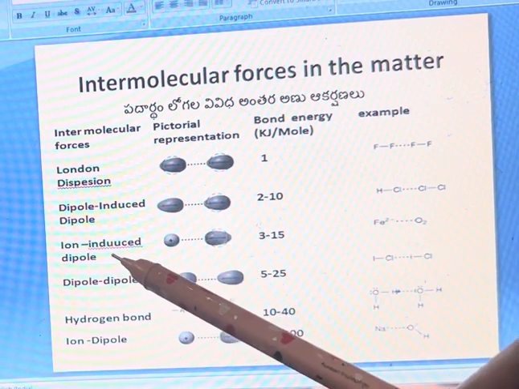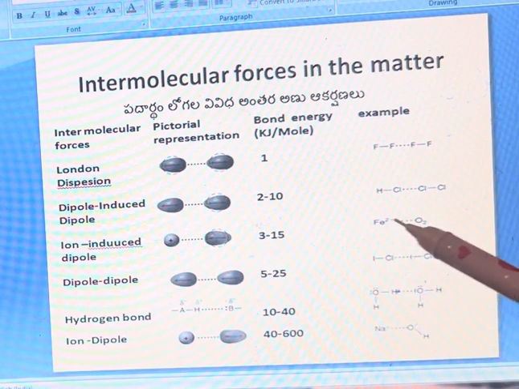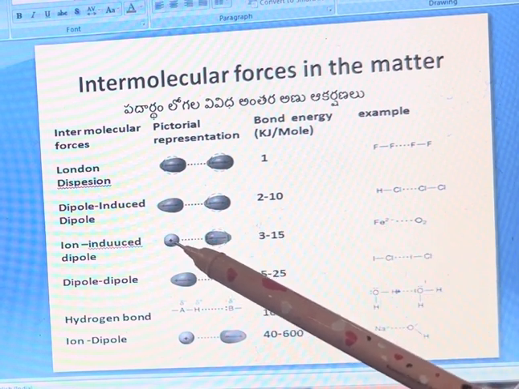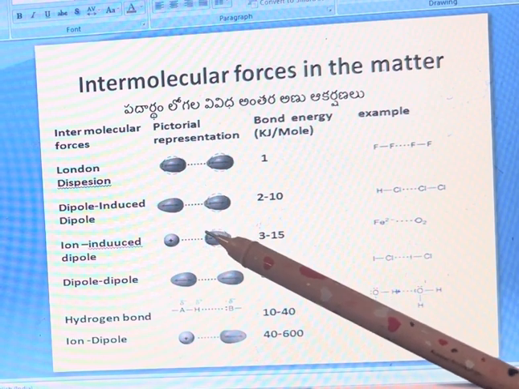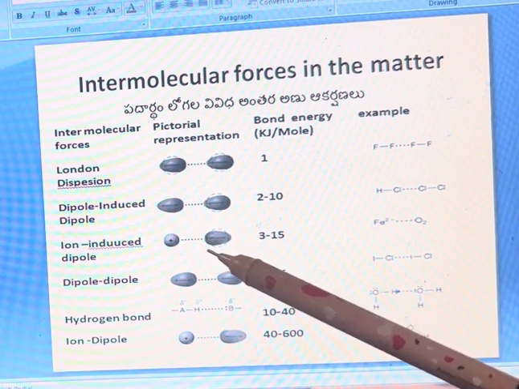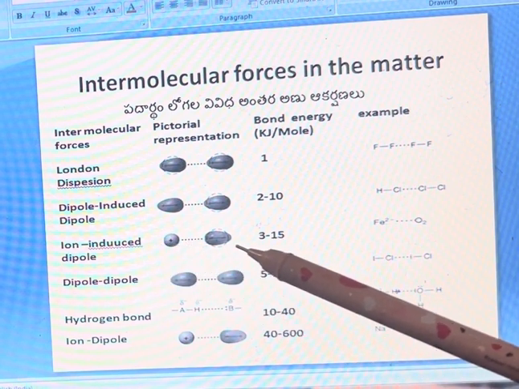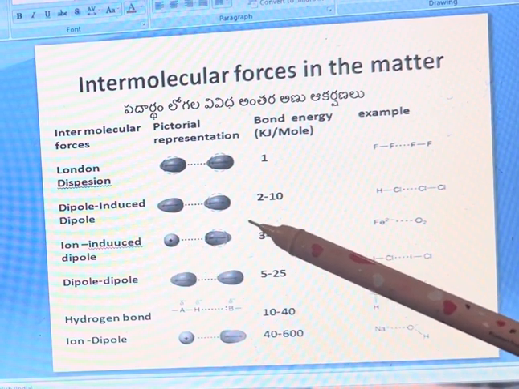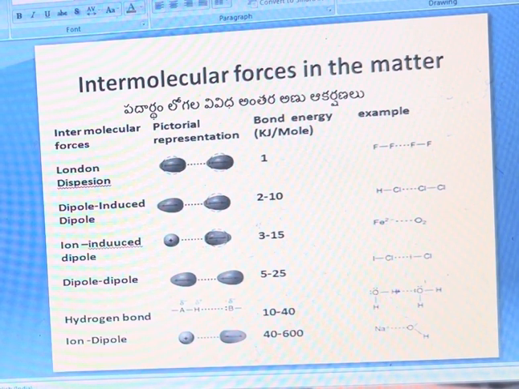Ion induced dipole is not in your syllabus, but it is a stronger bond. An ion like Fe2 plus, a positive ion, polarizes the neutral molecule O2. O2 is a neutral, symmetrical molecule. The energy of such attraction is 3 to 15 kilojoules per mole.